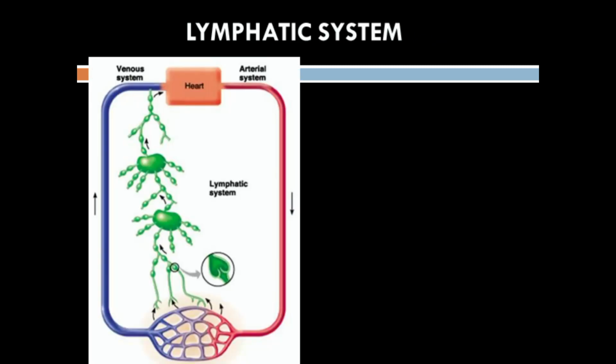And then this is the diagrammatic representation of the lymphatic system. When you take the center part, the heart, it has two systems, the venous system and the arterial system. Both systems are connected together with the lymphatic system.